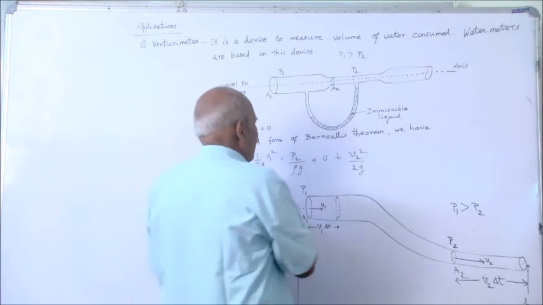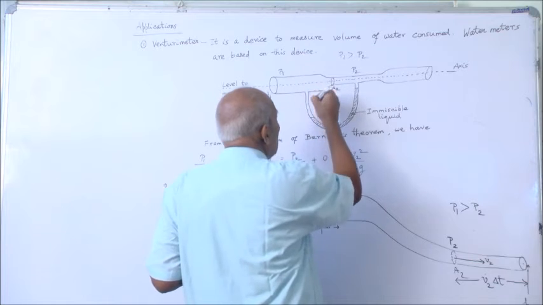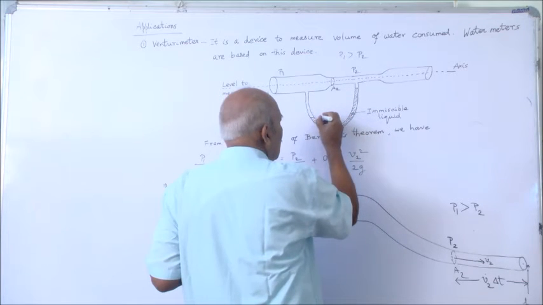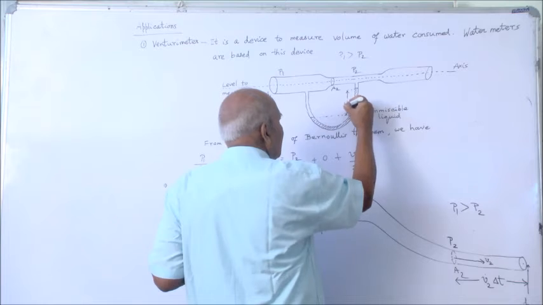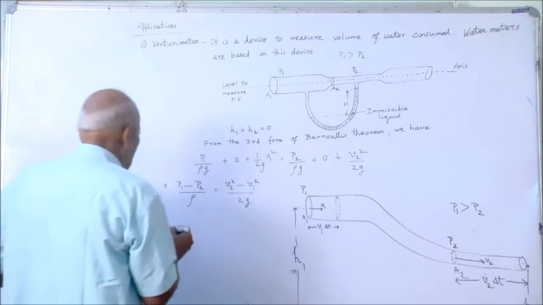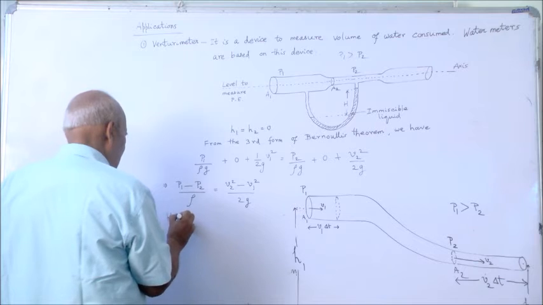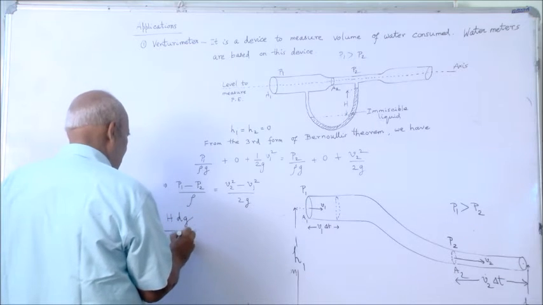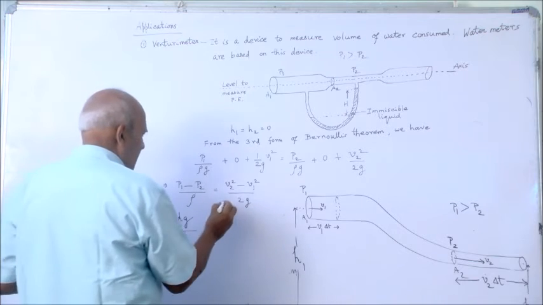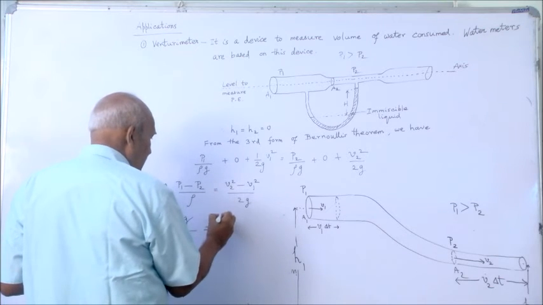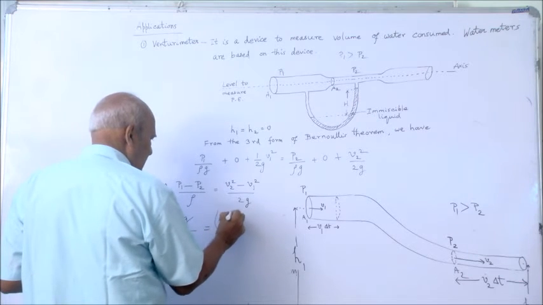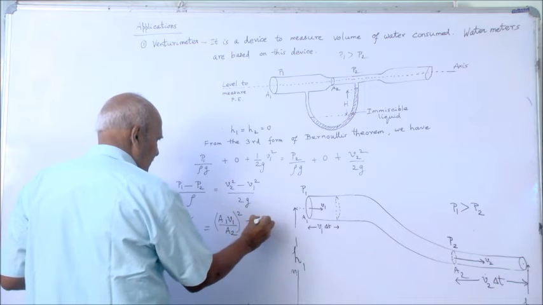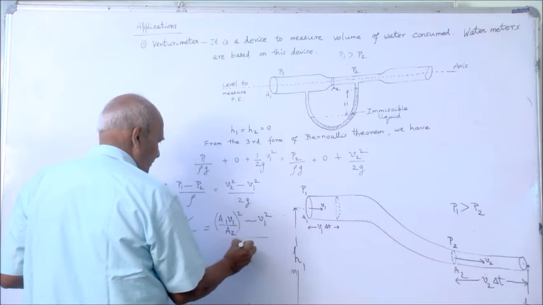So P1, P2, that is pressure difference, that is measured with the help of U tube. There is a height difference, as you see from the diagram. Pressure is more, so it is depressed more, and this is H. Height difference is H. So it is H D G by rho is equal to, for V2 square you write A1 V1 by A2, minus V1 square by 2g.